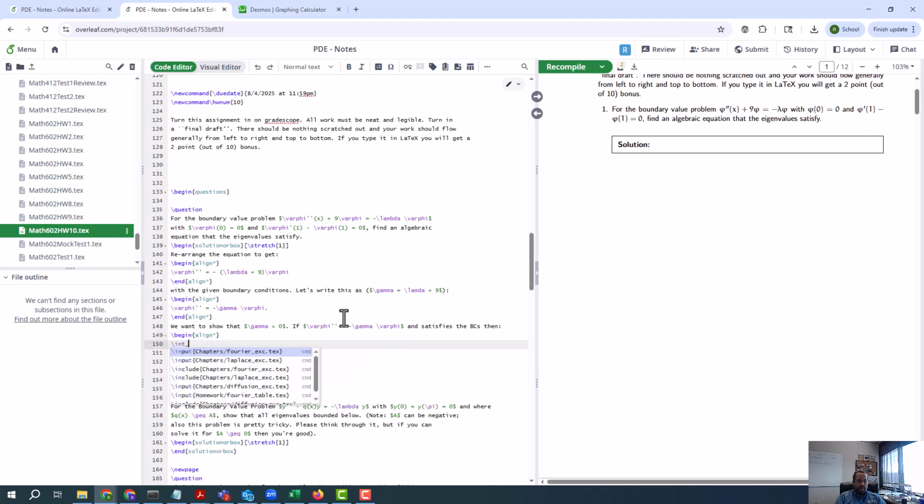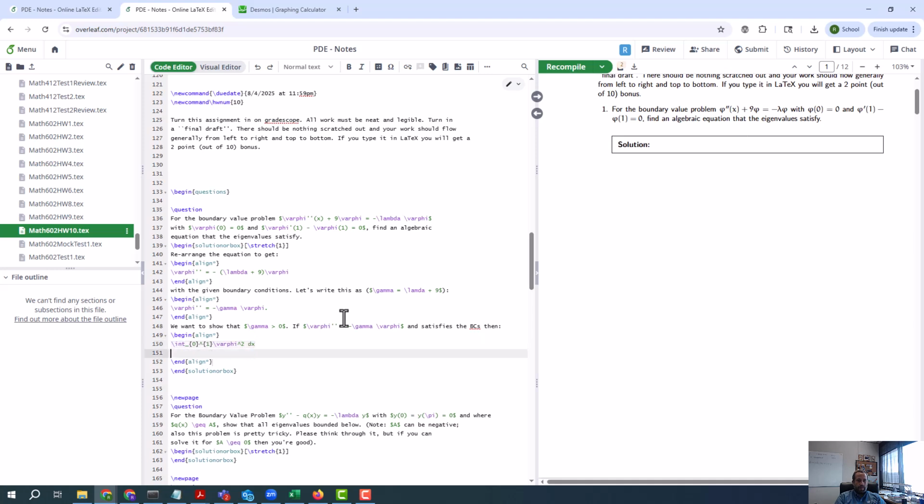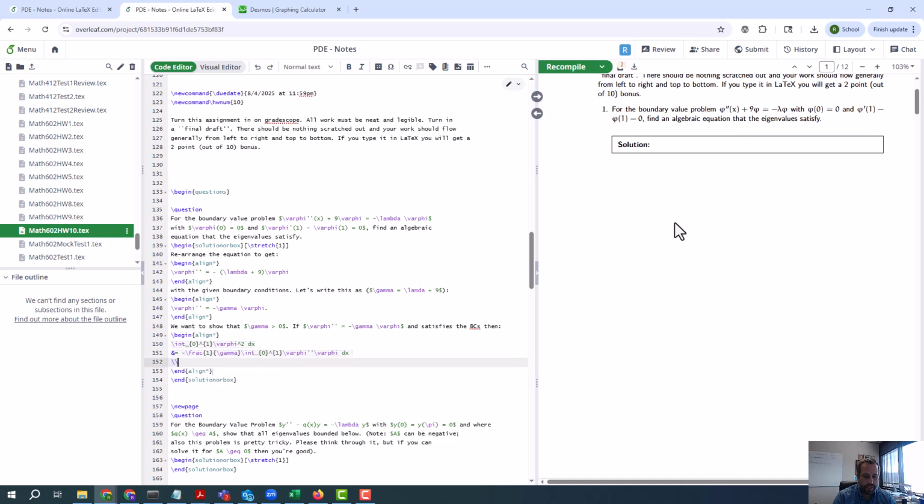We're going to look at the integral from 0 to 1 of phi squared. Now phi squared is equal to minus 1 over gamma times the integral from 0 to 1 of phi double prime times phi. And now we're going to do integration by parts.